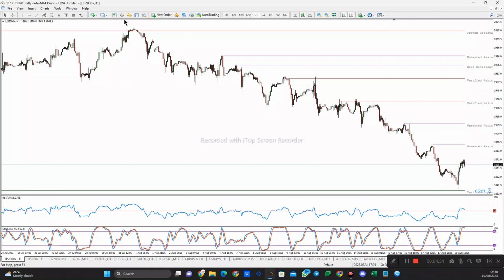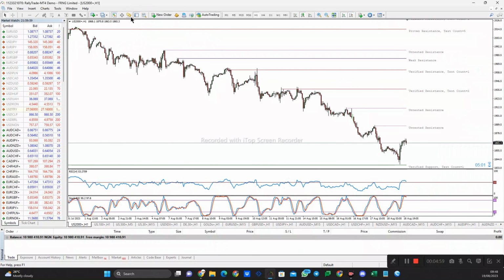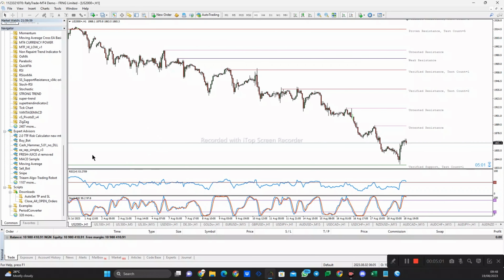I don't have the market watch window pane open. I don't have my terminal open. I don't have my navigator open, because these windows tend to take up your chart space, right?